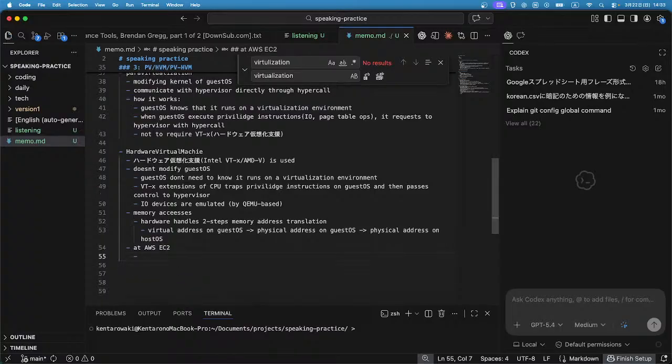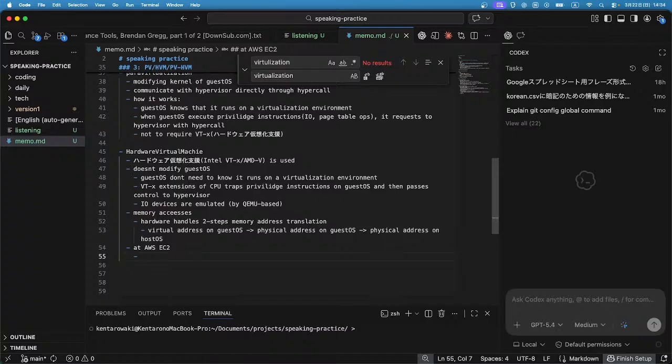So at AWS EC2, the current types of instances use HVM. And it also uses hardware extensions.